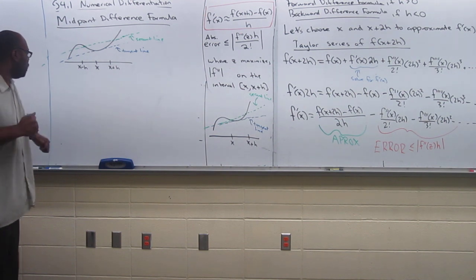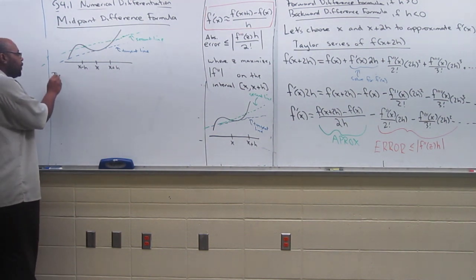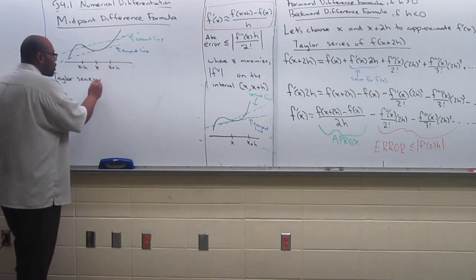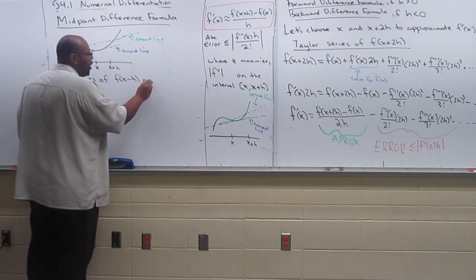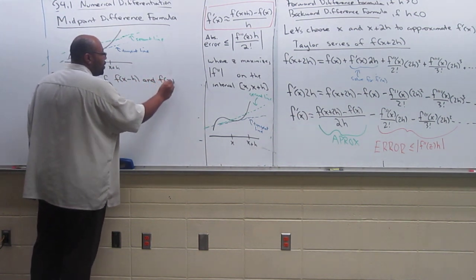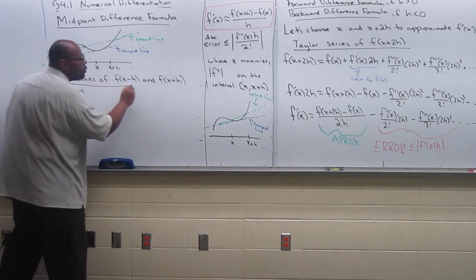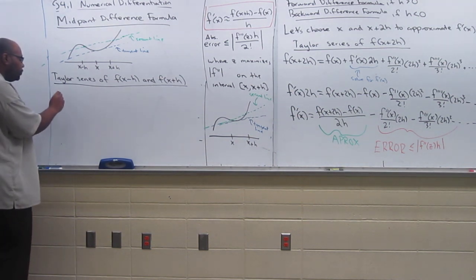So let's do that. To find it, we need to compute the Taylor series of f of x minus h and f of x plus h. We need to find out what these two Taylor series are. So let's put them both down.